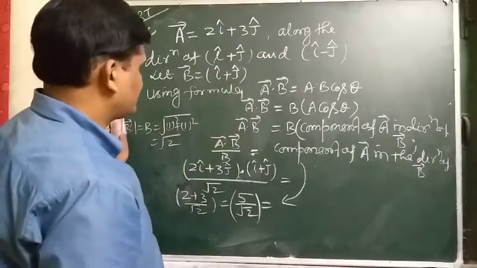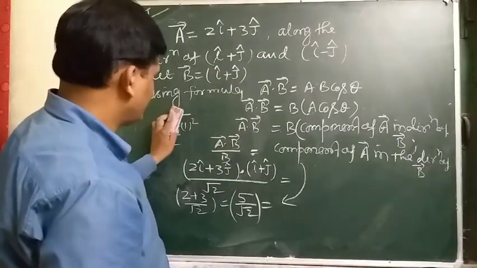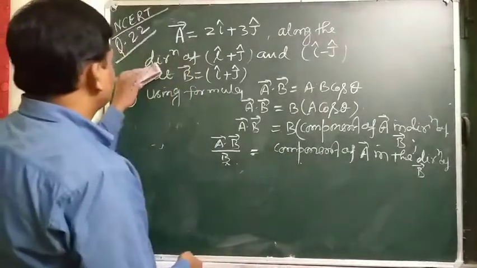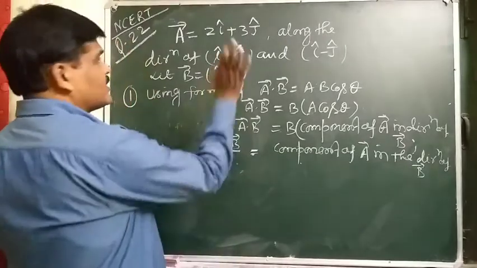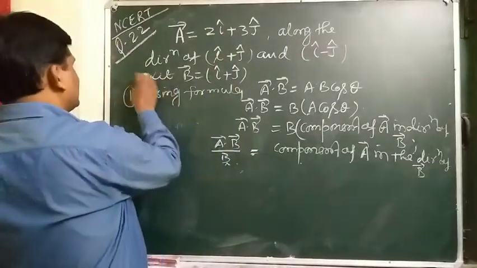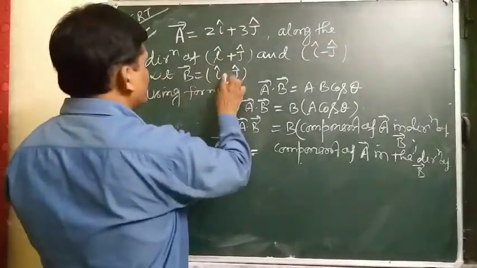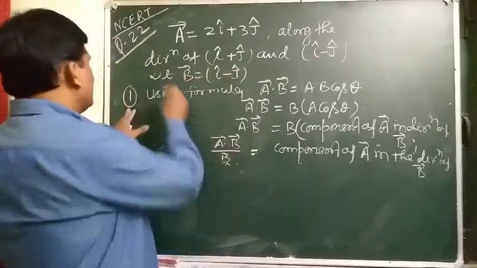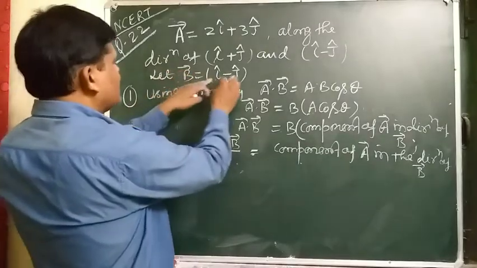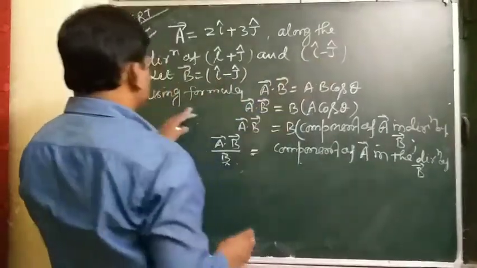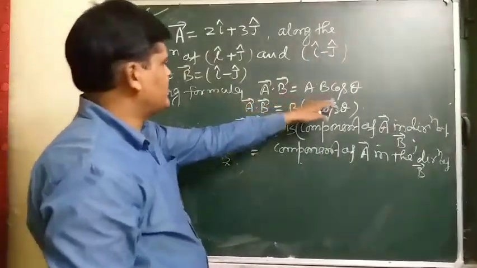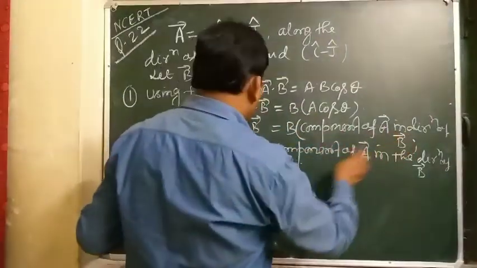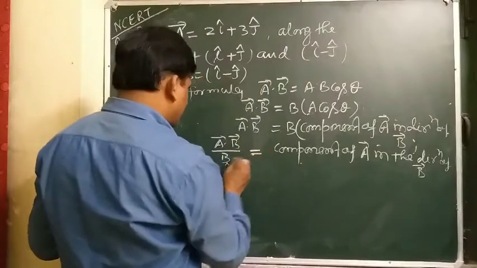And student, for the second case we use the same formula. Here in the second case, let B equal to i cap minus j cap, using the formula A dot B is equal to AB cos theta, same as before, and A cos theta is the component of A in the direction of B, only we have to change B here.